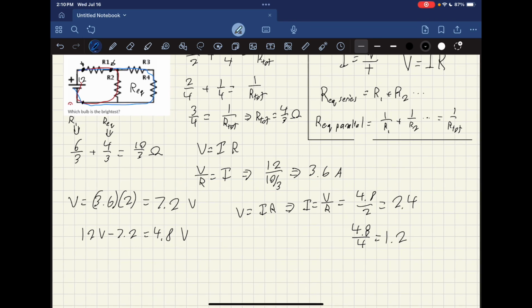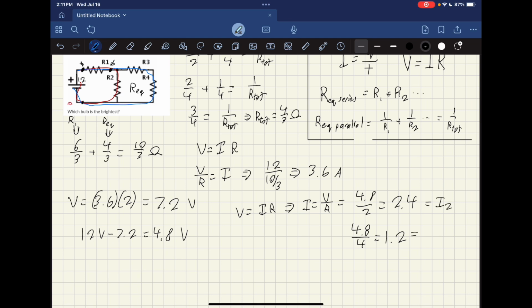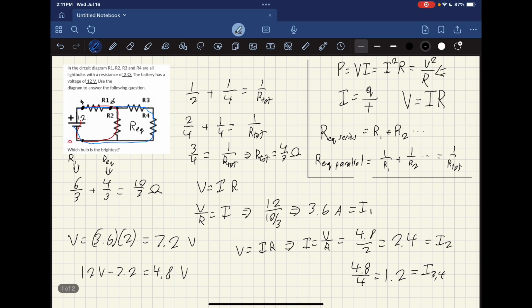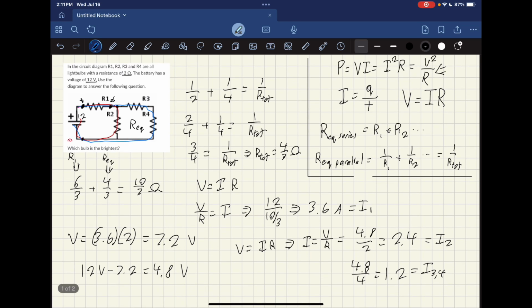So we can see now this is I2, this is I3 and I4, and then earlier we found that this is the current of resistor 1. So I just associated the 1, the 2, the 3, and the 4 with their associated resistors.